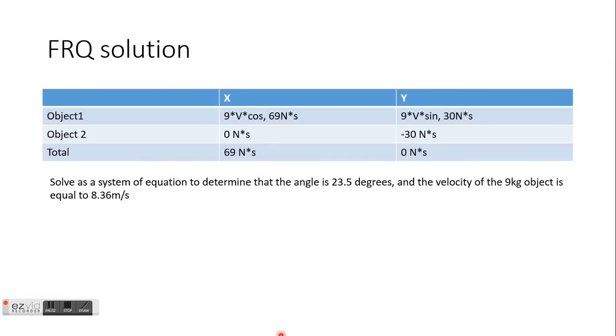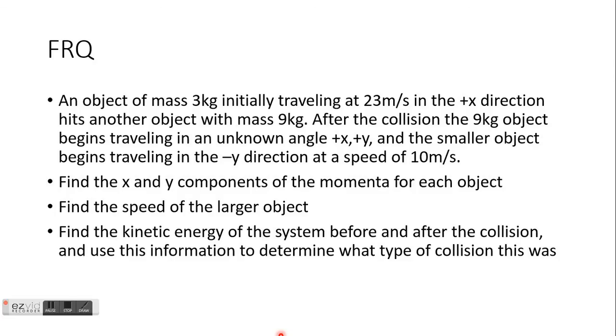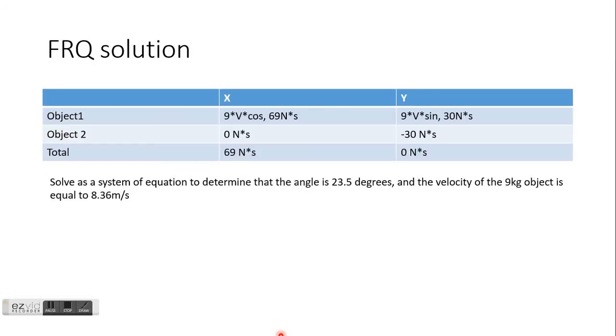Okay, so the other part of the problem was to find the kinetic energy of the system before and after the collision, and use this information to determine what type of collision this was. Pretty simple, this is an energy thing. So you just say that 1/2 times 3 kilograms times 23 meters per second, squared, is equal to 793.5 joules.